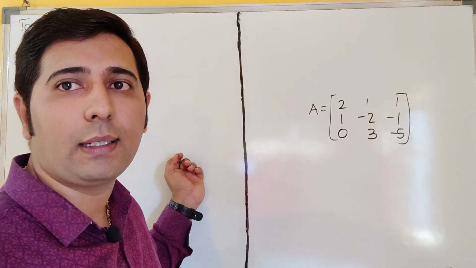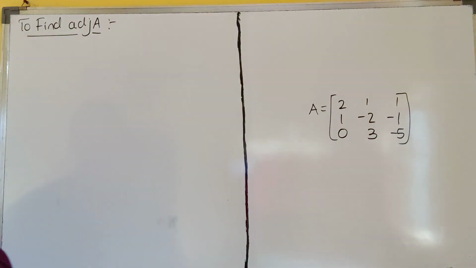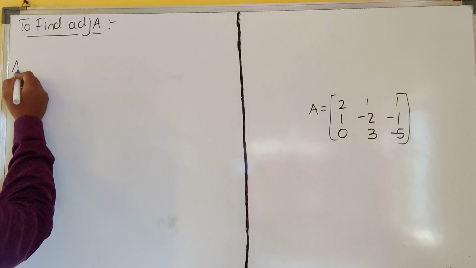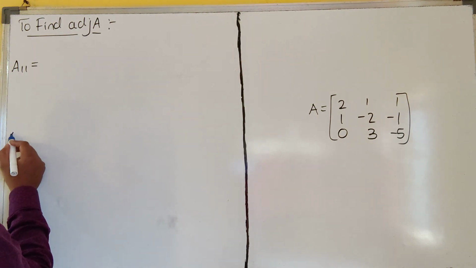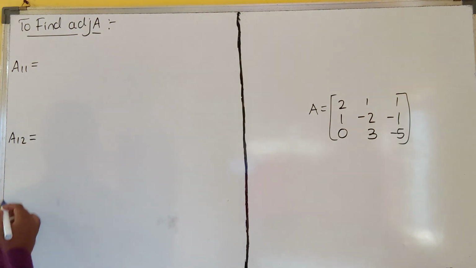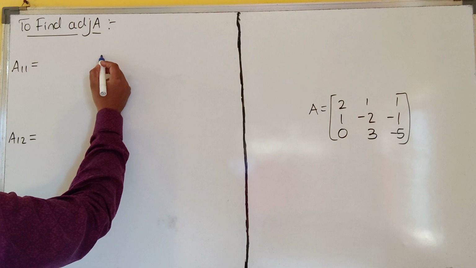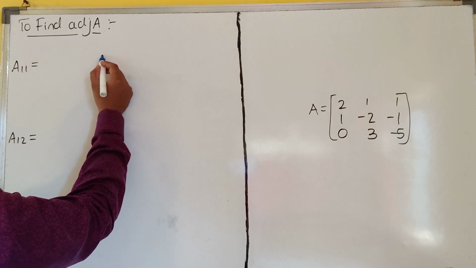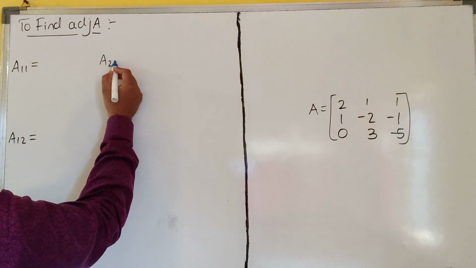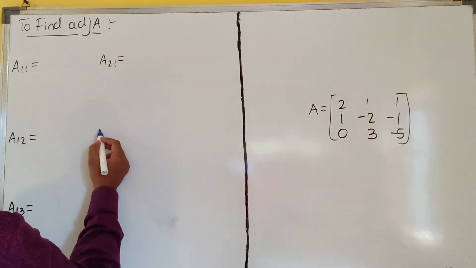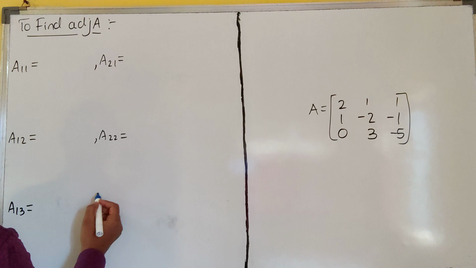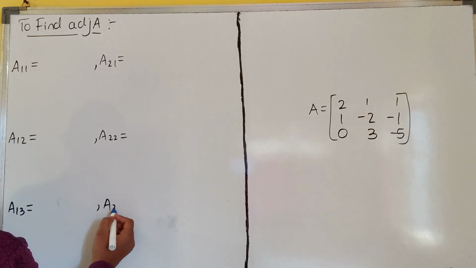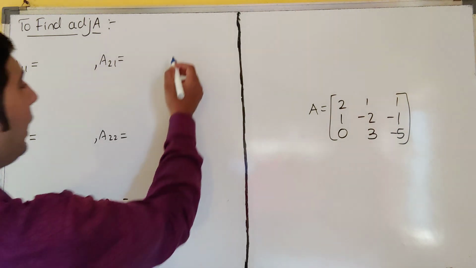We have to go up to A33. Fine. So now first one is what? A11. So how we will write, you see. A11. Next is A12 and next is A13. After that you have to write here A21, A22, A23.